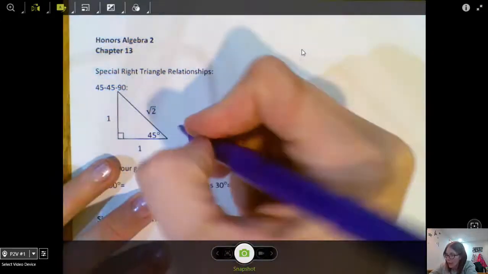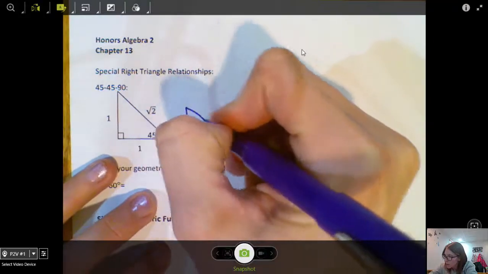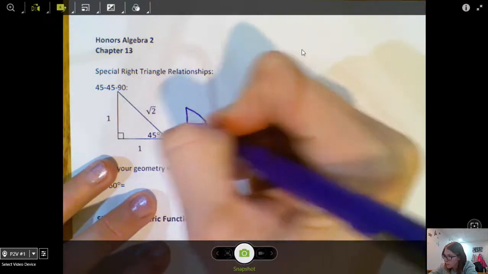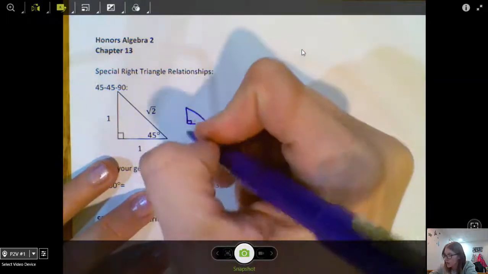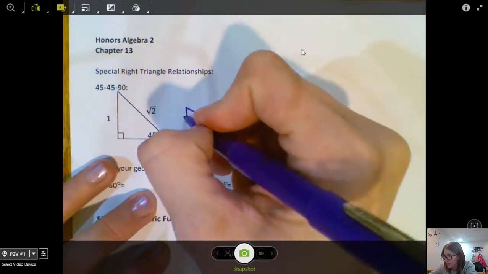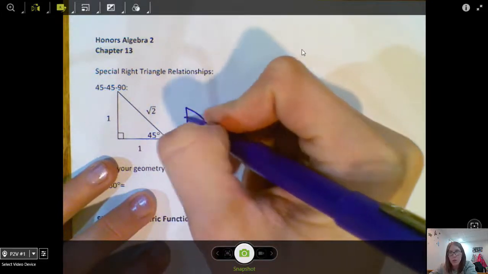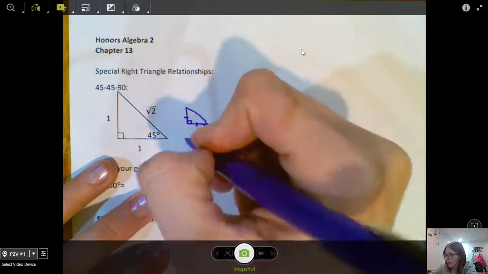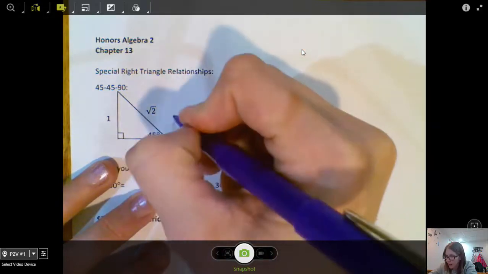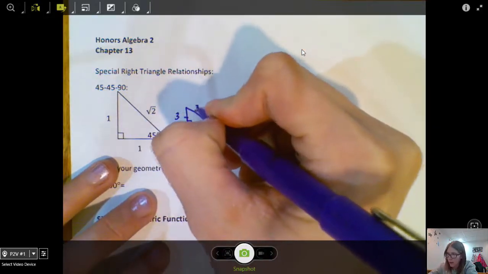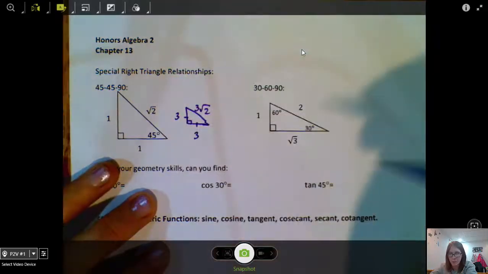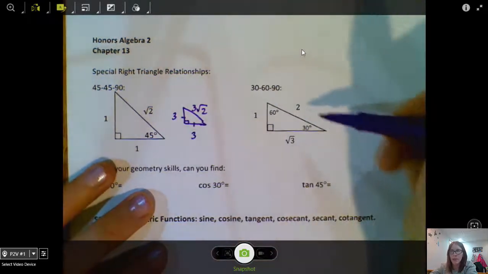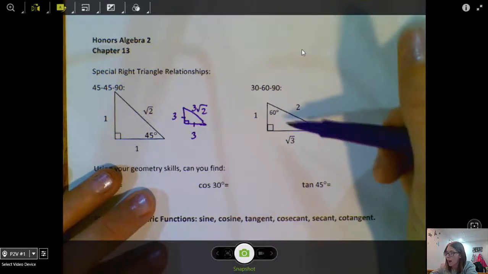For example, you could have a right triangle who's a 45, 45, 90. These 2 legs are congruent. If this was like 3, this other leg would be 3, and the hypotenuse would be 3 square root of 2.